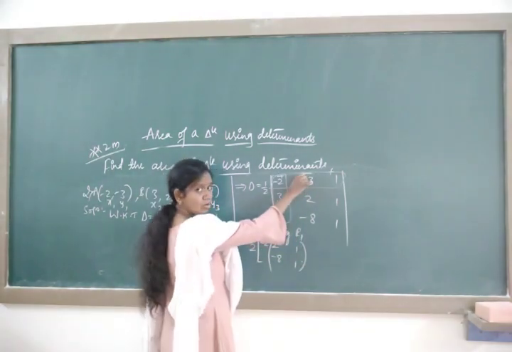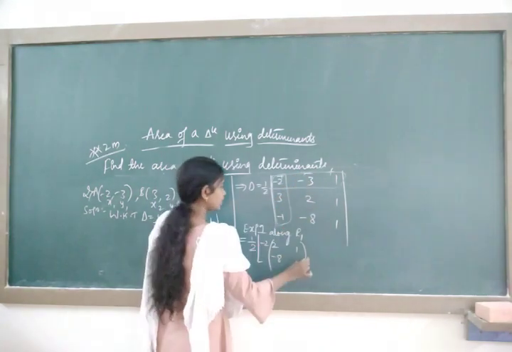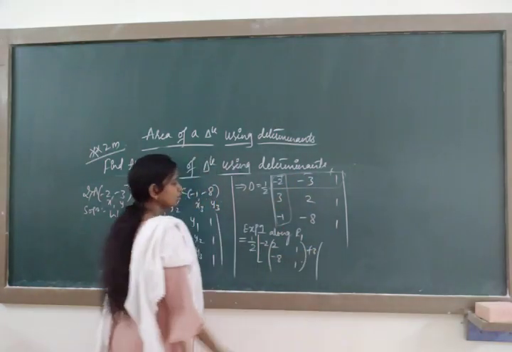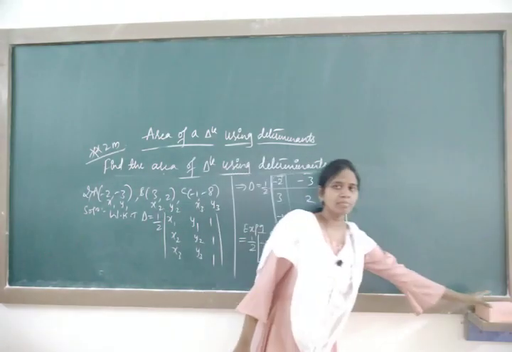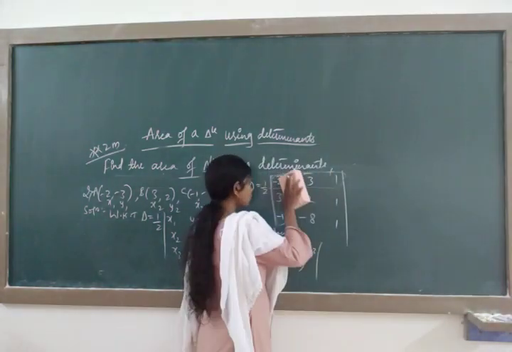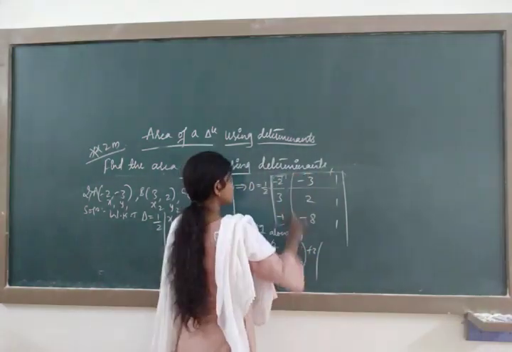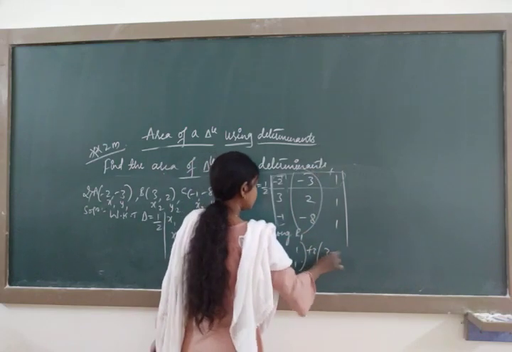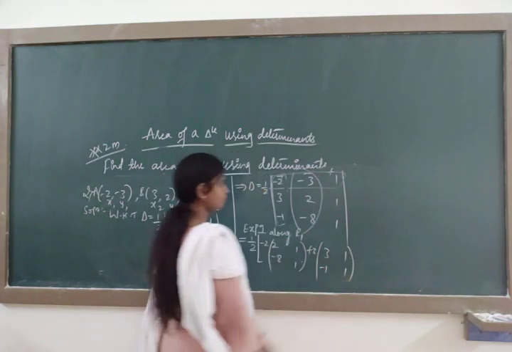So minus 3, but we have changed the sign, minus into minus, it's plus 3. Now the first column is opened and the second column is closed. It's 3 1, minus 1 1.